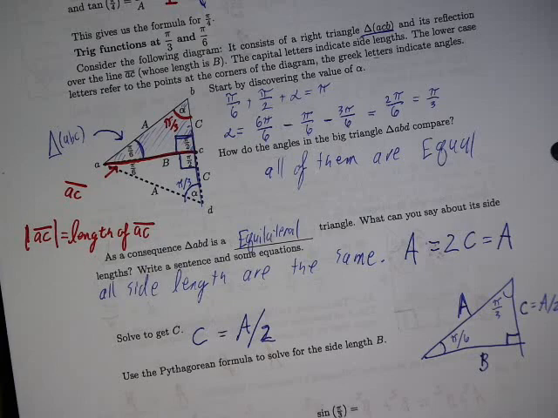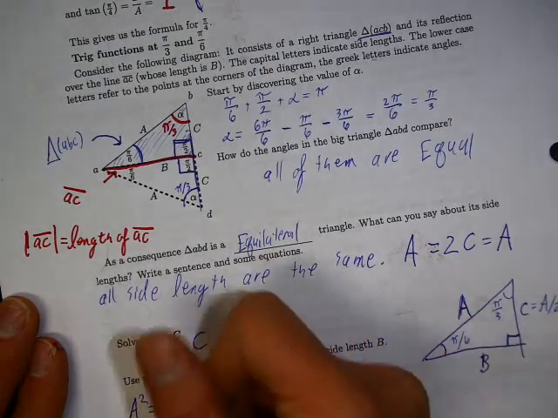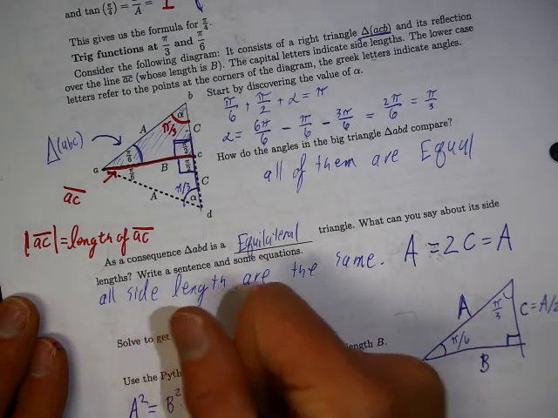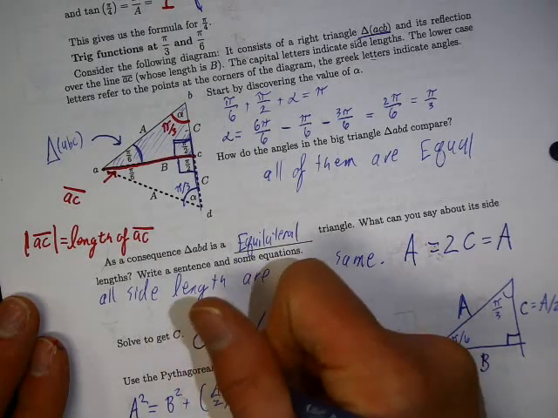I think so. All right, let's write down what we have. So the hypotenuse, A squared, must be B squared plus the other side length, A over 2 squared.